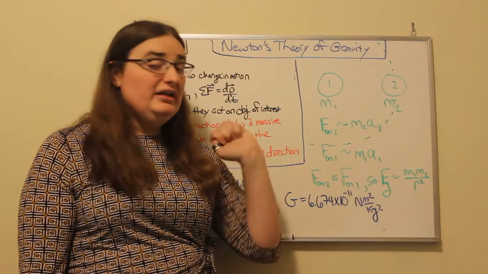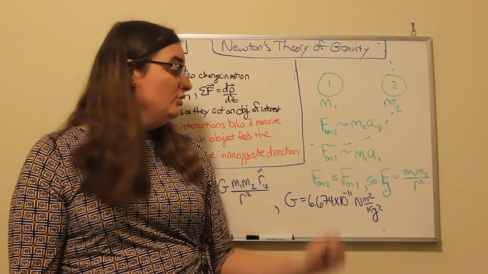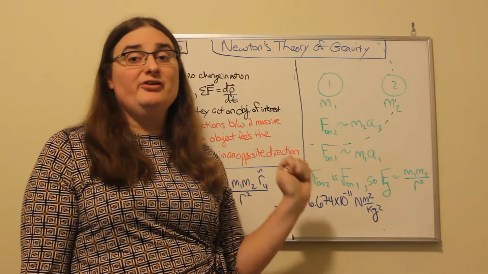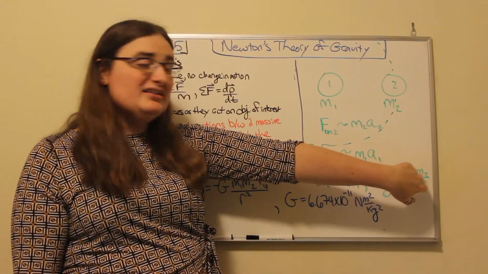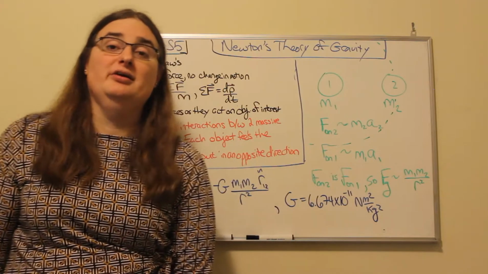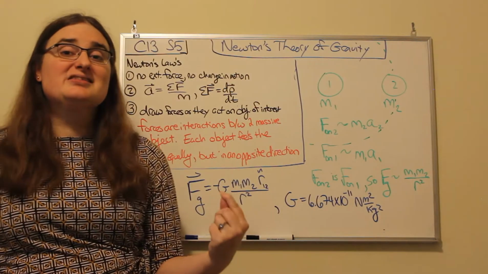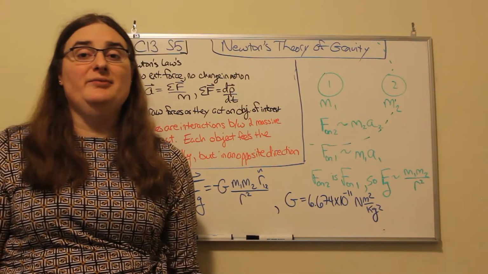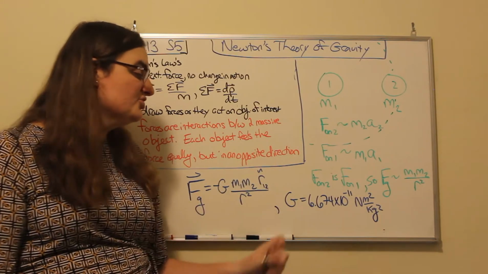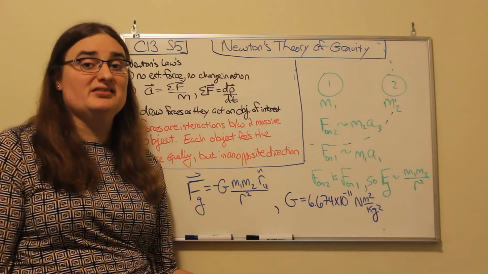Now, in the units of force that we use, newtons, which we call kilograms times meters over second squared, it's not the same thing as kilograms squared per meter squared. So at the very least, we need something to make the units work out correctly. And that something we refer to as the universal gravitational constant.